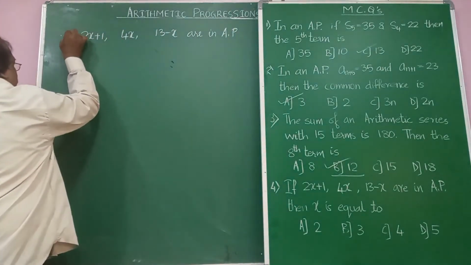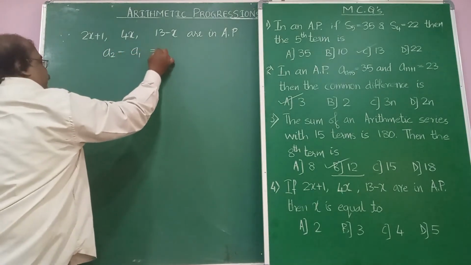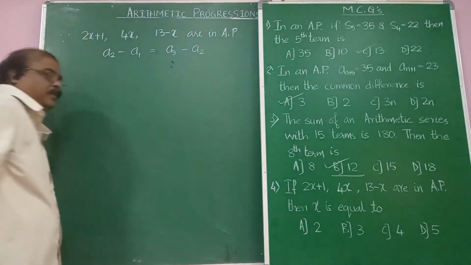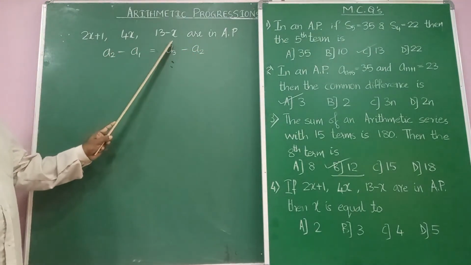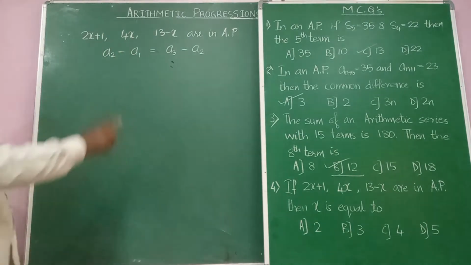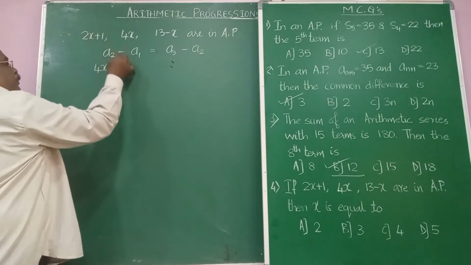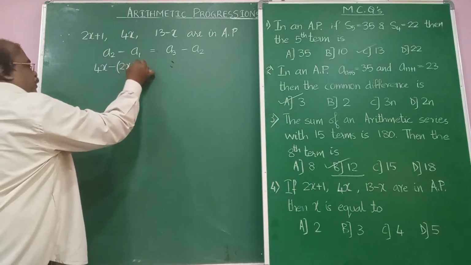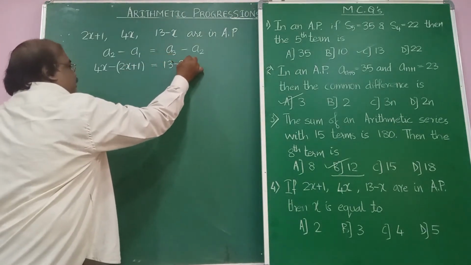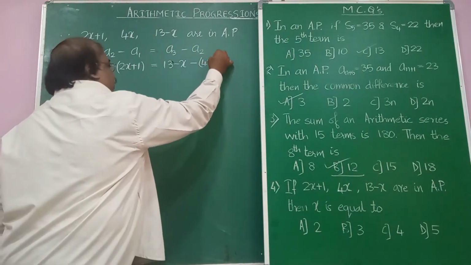So therefore A2 minus A1 will definitely be equal to A3 minus A2. Since I know the 3 terms are in AP, the difference between any 2 consecutive terms has to be a constant. So A2, that is 4x, minus (2x plus 1) must be equal to 13 minus x minus the second term, 4x.